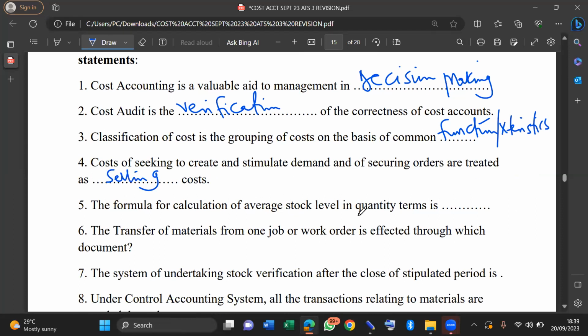Sir, please, can you differentiate between selling cost and target cost? Target cost is the cost that the company plans to achieve.